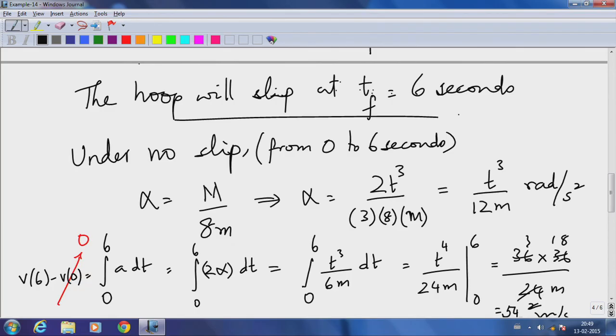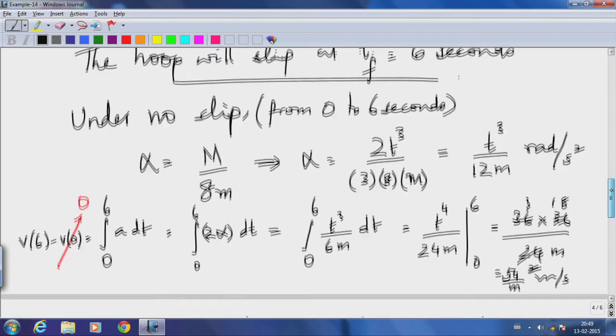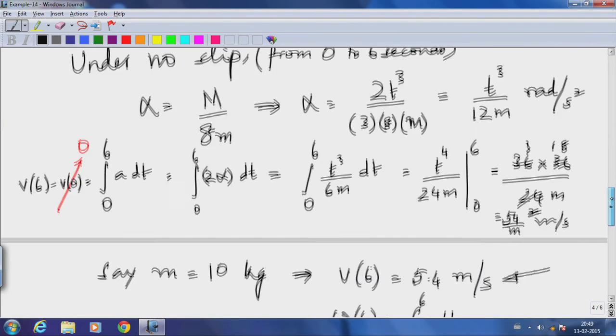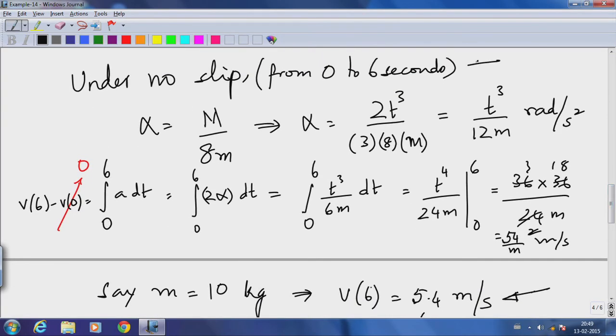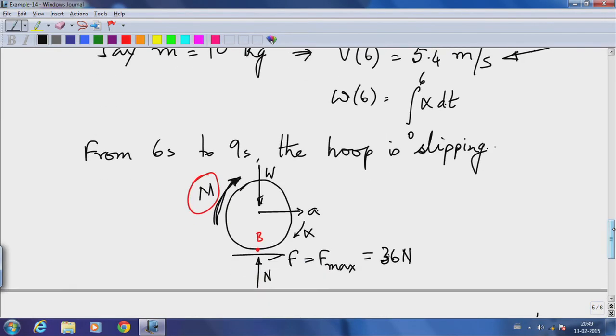Initially, since the torque itself is quite small, there is no slip, but as the moment increases, at a time instant of 6 seconds, the traction force between the tire or the hoop and the road reached a point where it could no longer sustain motion under no slip, and at that point essentially the hoop started to slip.